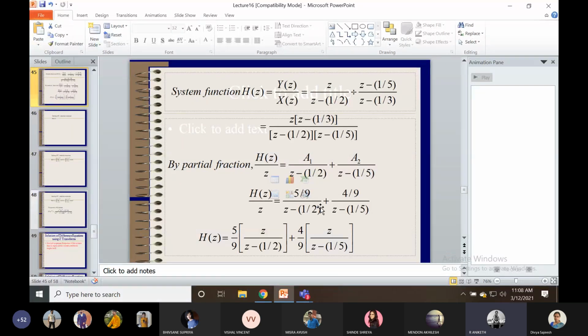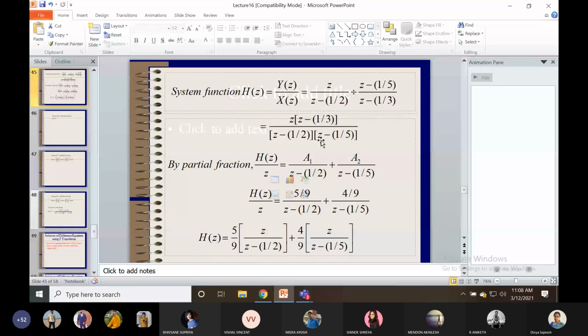No, I'm asking, can we even take H(z) after partial fraction as the final response? Yes, no problem. It is the same only, na? The H(z), I just changed the way of looking at it, isn't it? I segregated and wrote it. Okay, ma'am. So this will be easier.